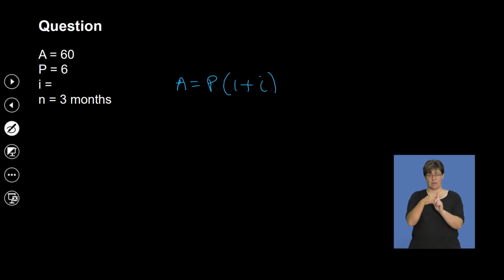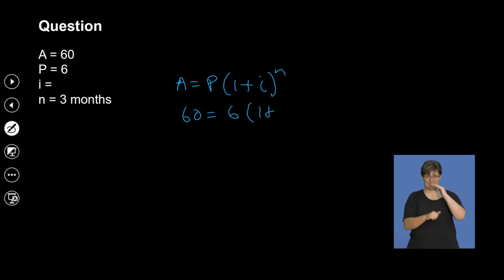We want to find what is our rate of growth there. So A is equals to P into (1 plus i) to the exponent of n. And then 60 is equals to 6 into (1 plus i), I'm trying to find my i, to the exponent of 3. And this is just for 3 months.